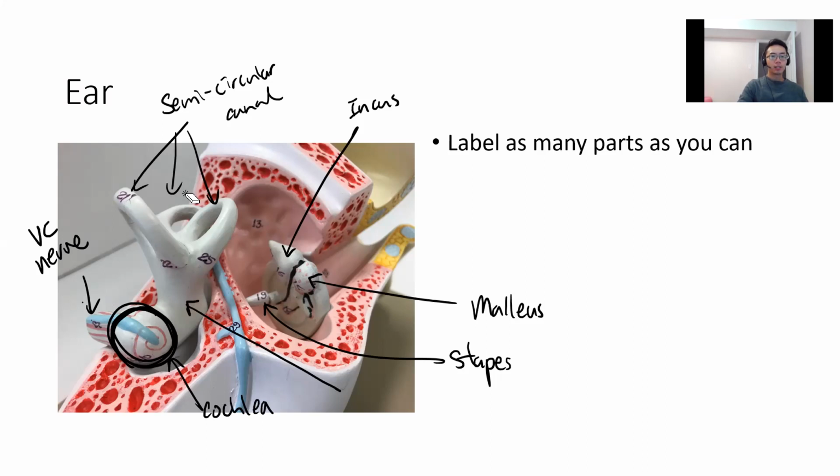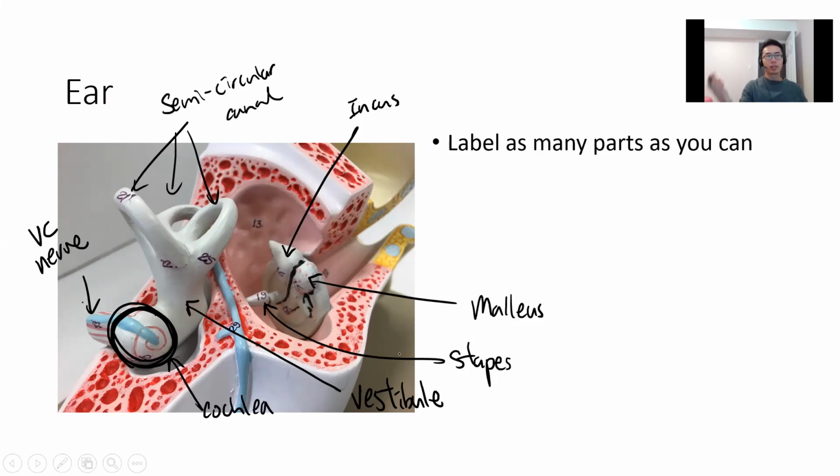Connecting the cochlea to these things, the vestibule, which is used for detecting acceleration. So you're speeding up, slowing down, falling. That's the vestibule.